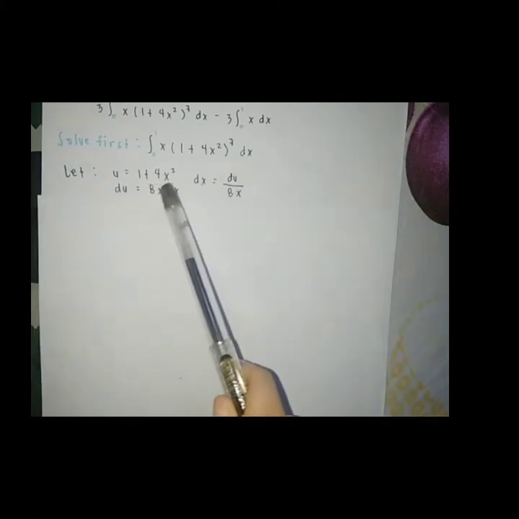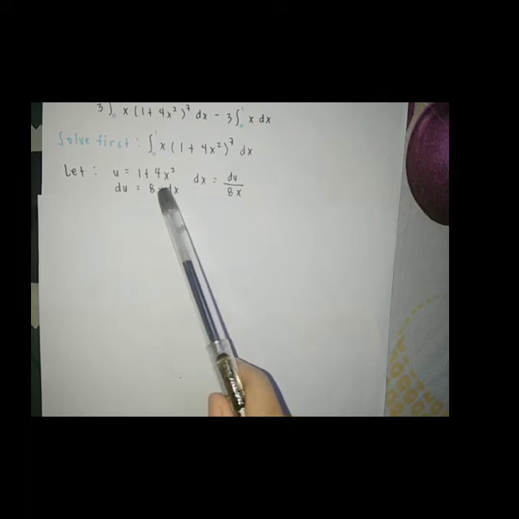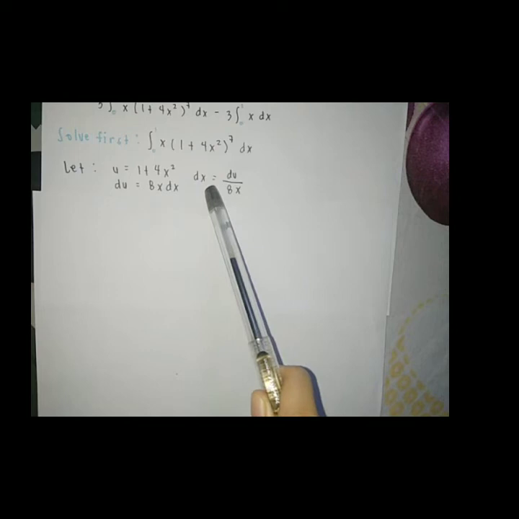So again, I used substitution. I let u be the inside of the parenthesis, which is 1 plus 4x squared, and then my du, since the derivative of 4x squared is 8x, and the constant has no derivative. Then my dx is du over 8x.